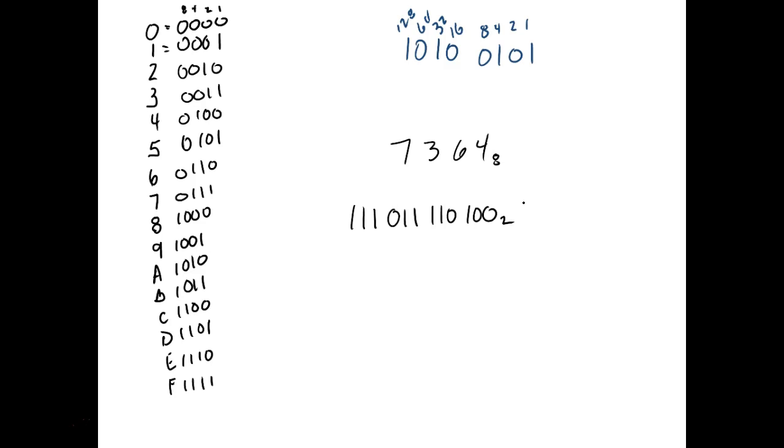So this is where sometimes we get into trouble. So on a test it might say convert this octal number to binary, but when I write something up here, I'm going to subscript it so you'll know what base we're dealing with. That doesn't mean anything, that's just telling you the base, right?